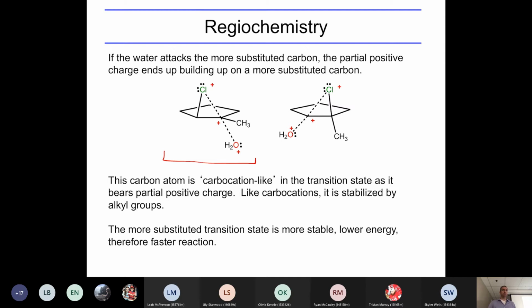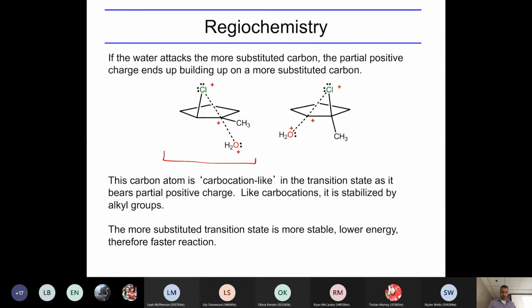And SN2, we're told, doesn't happen on tertiary centers, right? So shouldn't it go for the less substituted side? Well, yeah, if this wasn't positively charged, if it was neutral like most SN2s we've seen. But in this case, it's the other way around. It'll go for the more substituted carbon because there's more charge there.